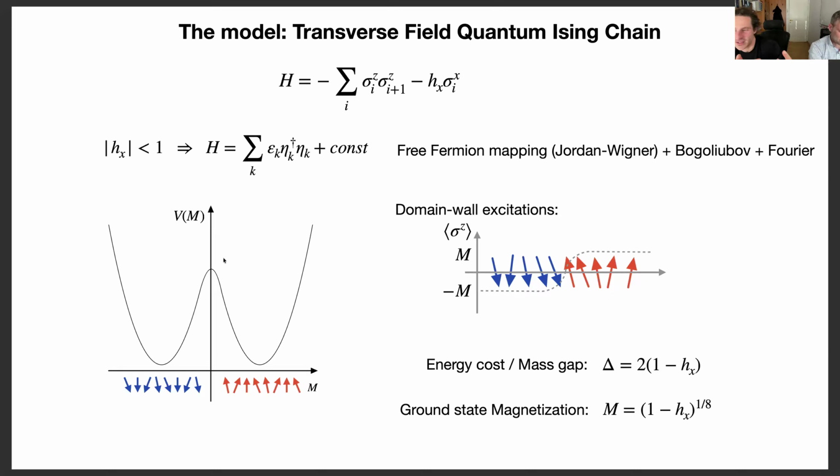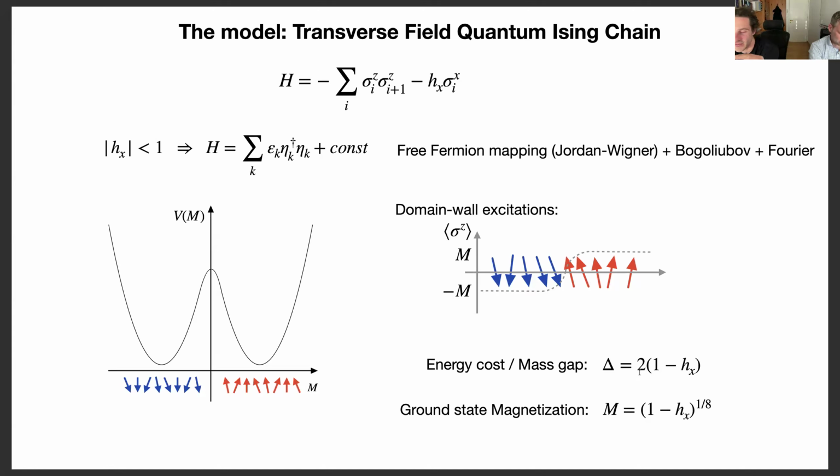Then in the field theory, the longitudinal field is the field that is breaking the symmetry. On top of this free fermion, you have two perturbations. One is the energy perturbation, which gives you the mass, and it's a field which is Z2 invariant.